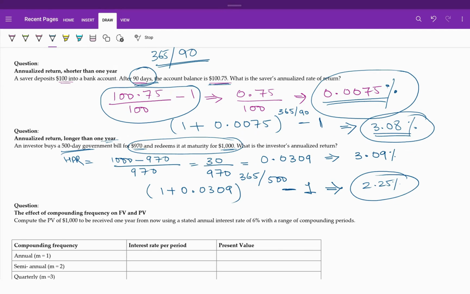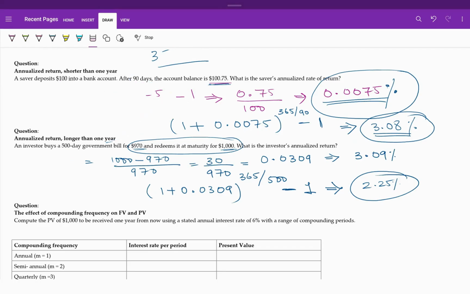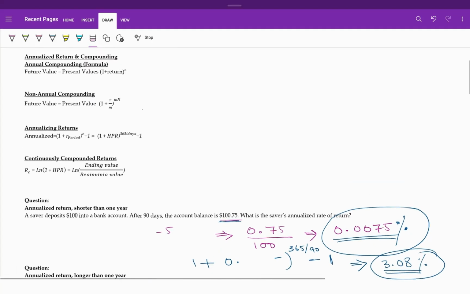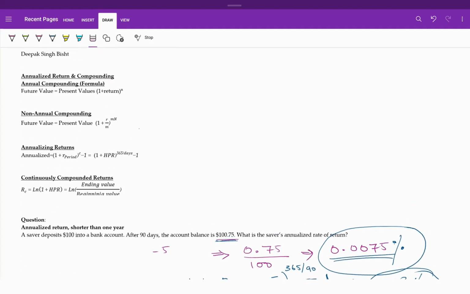So we have discussed annualized return for periods shorter than 1 year and greater than 1 year. Now let's move to the next topic.